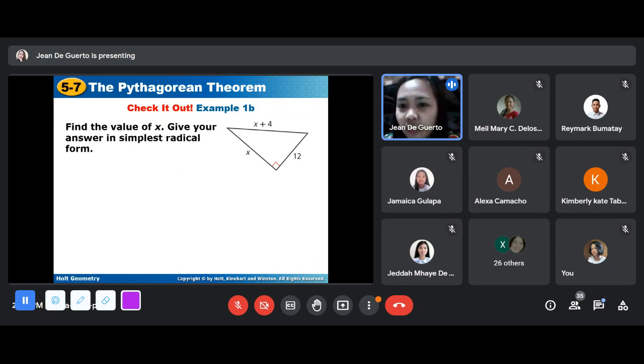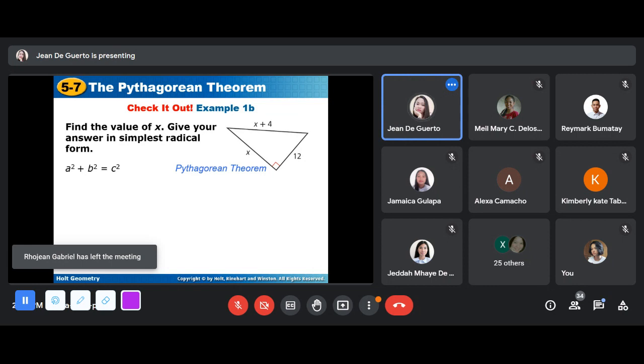Okay, last for this example, for this problem. Find the value of x given x plus 4, x, and 12. So you are given the hypotenuse and the leg as terms that has a variable of x. So what will be the value of our x?